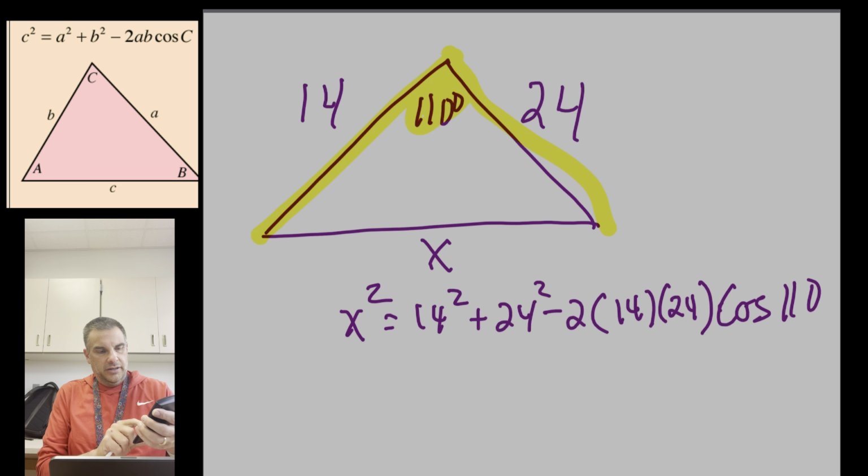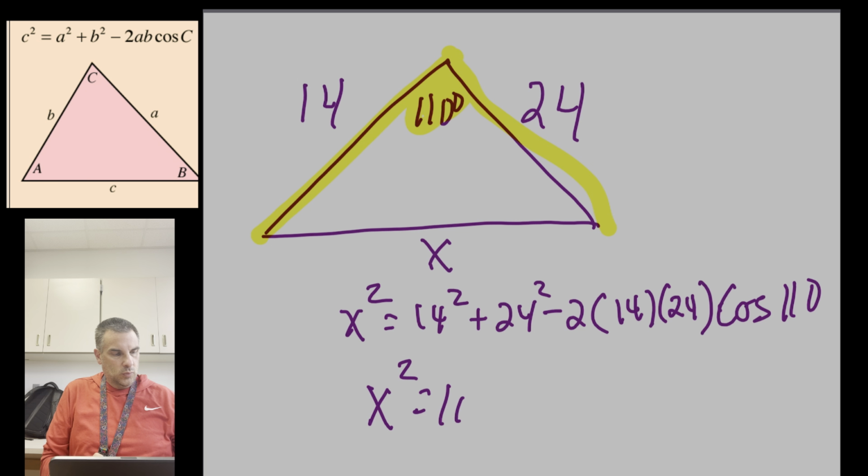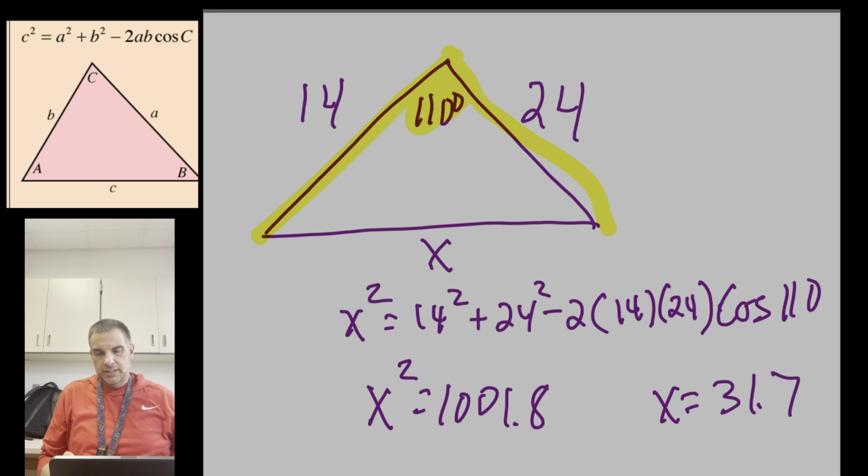Type it right into your calculator: 14 squared plus 24 squared minus 2 times 14 times 24 times cosine 110. I get x squared equals 1001.8. Take the square root of that, and you get x is equal to 31.7.